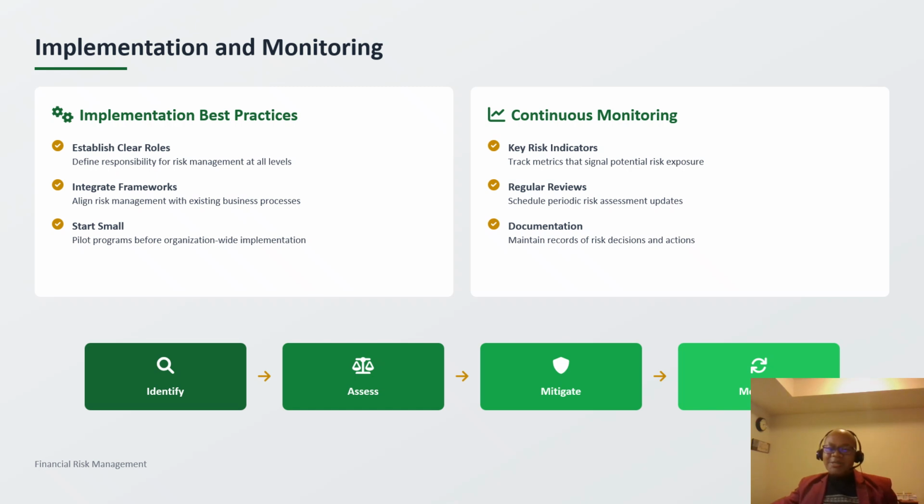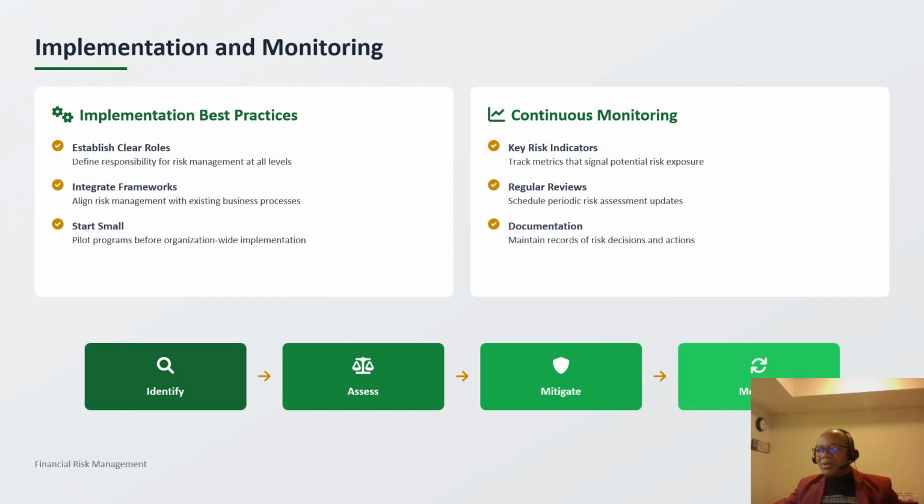Continuous monitoring is essential because risk changes with time. And with time, new risks can emanate from the financial environment, from the physical environment, from everything. So we must use risk indicators and trackers like dashboards to be able to see a clearer picture.